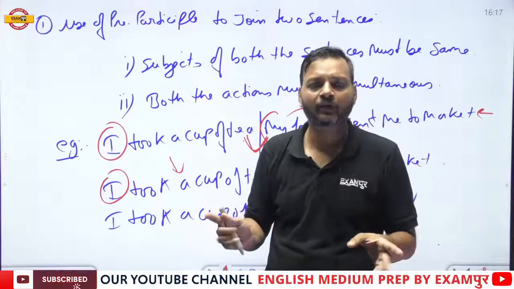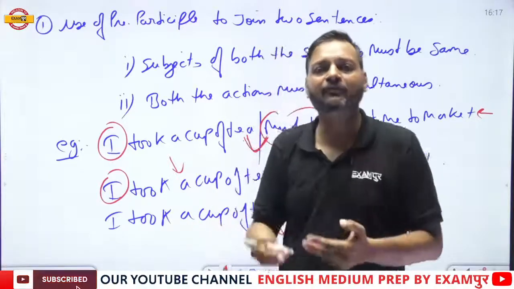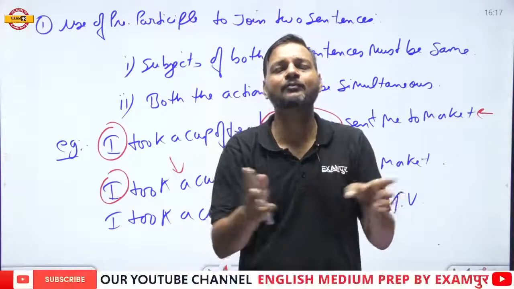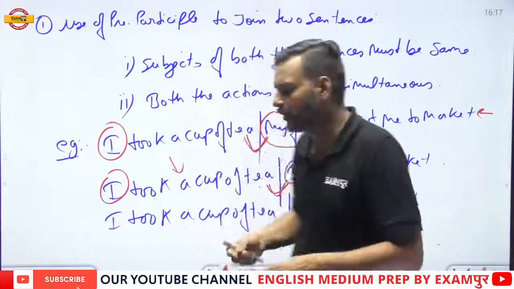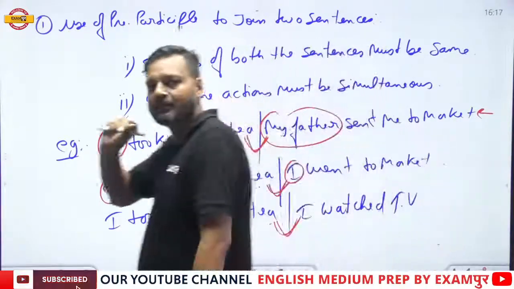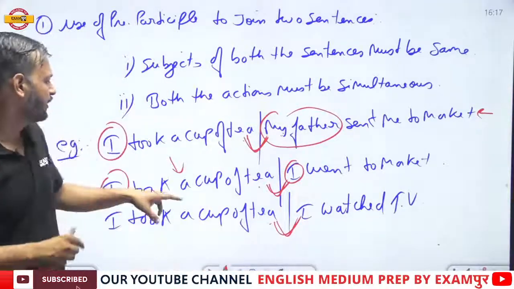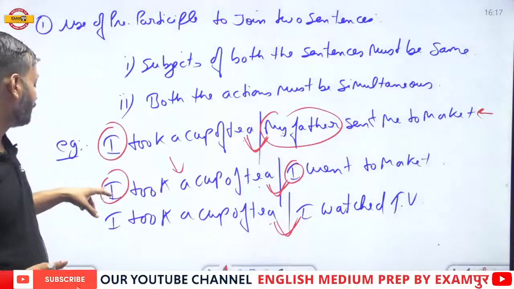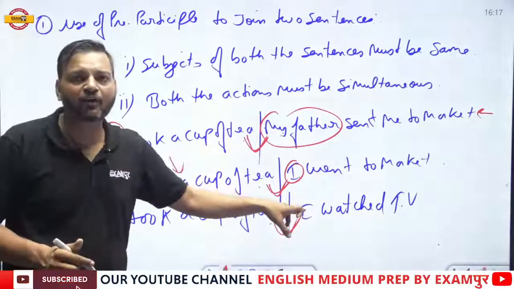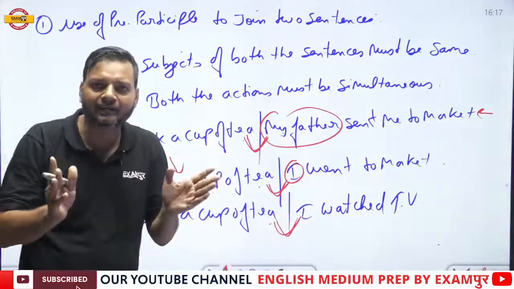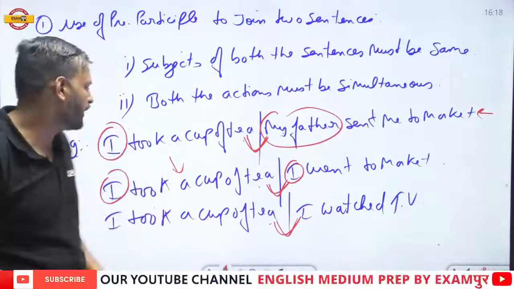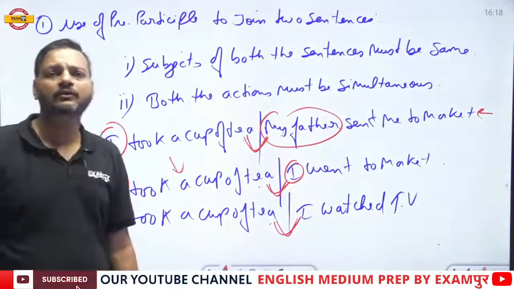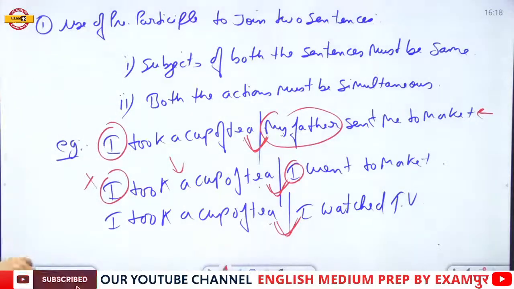Not possible. First I'll take a cup of tea, then I'll go to market. Both the actions cannot be simultaneous. I cannot just move with a cup of tea having it. So here the first condition of subject has been fulfilled, but the second condition is not there. So these two sentences also cannot be joined using present participle.